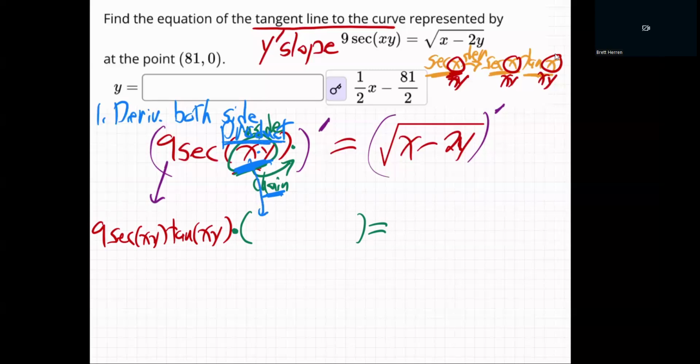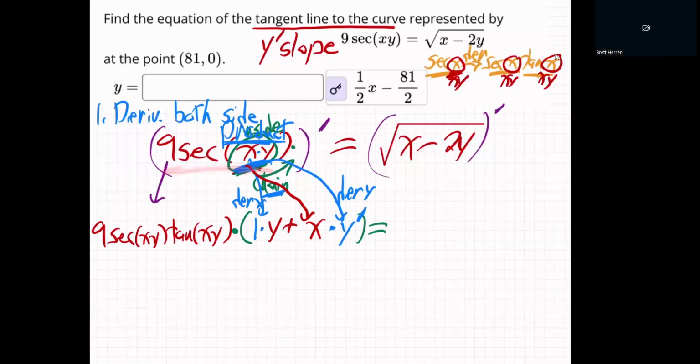So you do the derivative of the x first, which is 1, times the y unchanged, plus, right? Remember this? You take turns, plus the x unchanged times the derivative of the y, which is y prime. See what happened there?